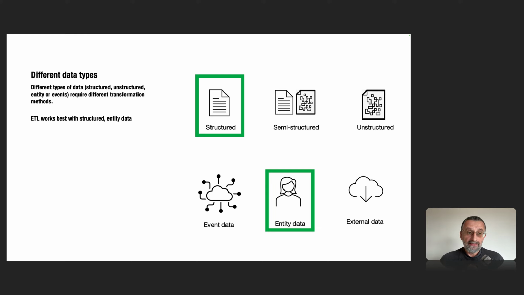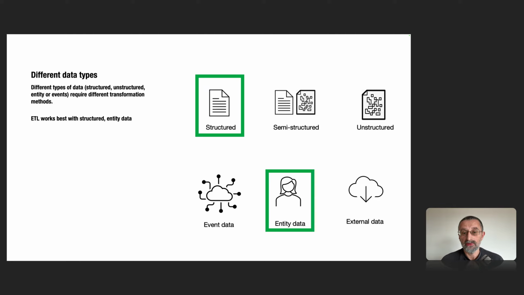We may also have different types of data, so it's not only about the volume of data, but the type of the data. We have structured, semi-structured, unstructured data, even external data, and ETL works best with structured data.